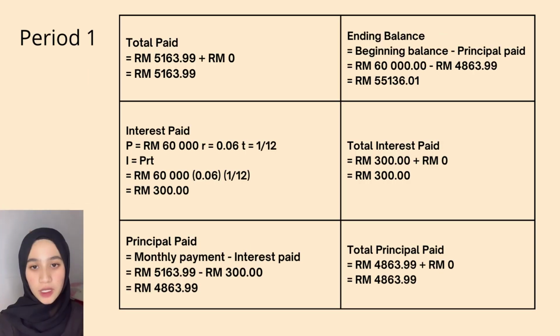This is the calculation for period 1. Our total paid is 5,163 ringgit and 99 cents. For interest paid, by using the formula I equals PRT, we get the answer 300 ringgit. For the principal paid, we get the answer 4,863 ringgit and 99 cents.